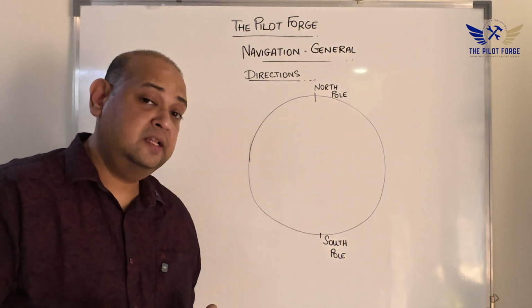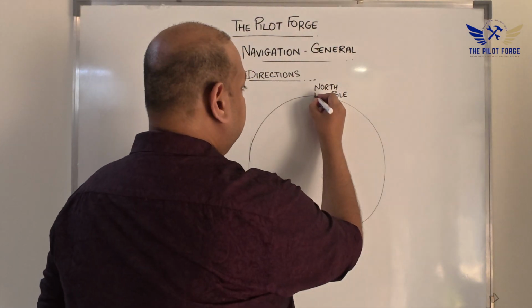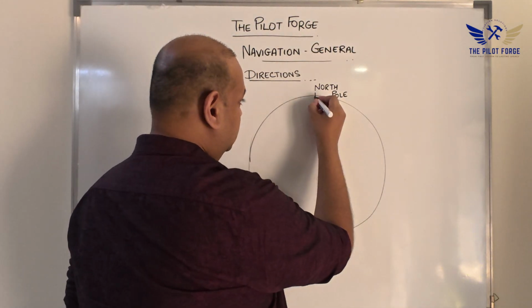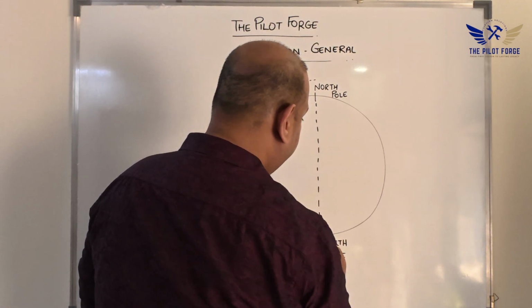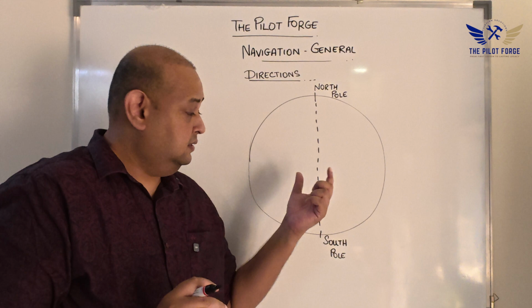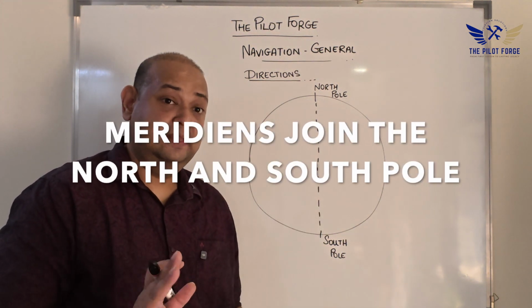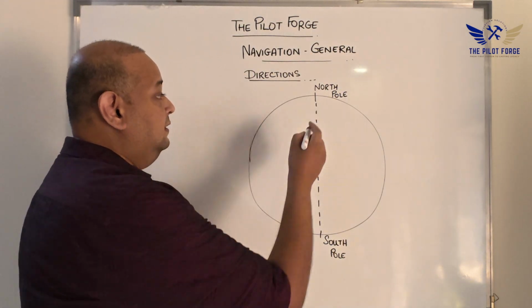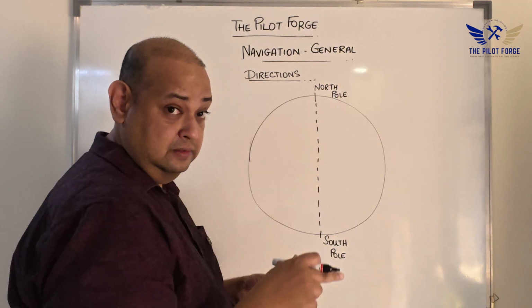Now, the line joining the North and South Pole we talked about was the axis, isn't it? Now, if we were to join the lines here again, this is what it would look like. This is not just one line that joins the North and South Pole. There are many. They're called meridians, all right? They go in this way. They follow the surface of the Earth, which is why they are curved, okay?